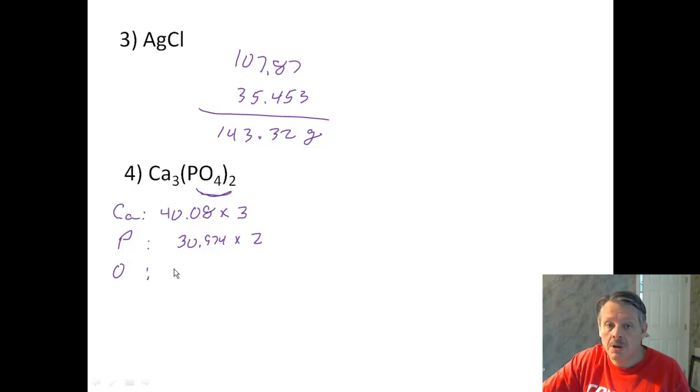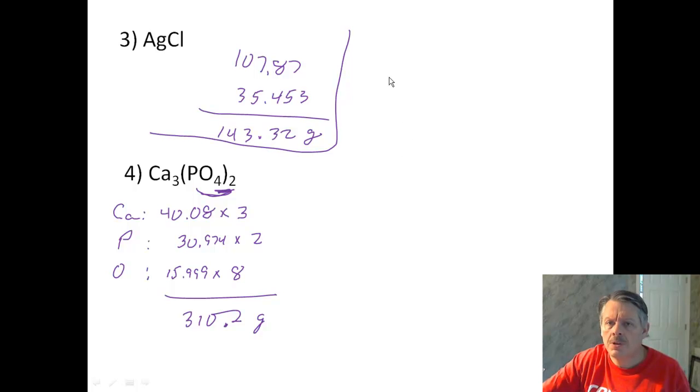Oxygen, be very careful, oxygen is 15.999, but here I have a total of 4 twice, which is a total of 8 oxygens. If I go and multiply all of these out and come up with an answer, I come up with 310.2 grams.